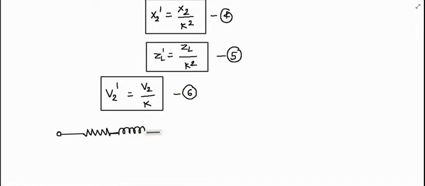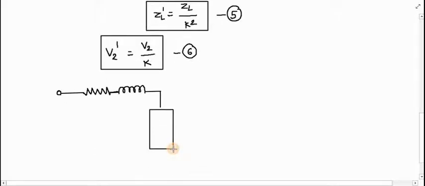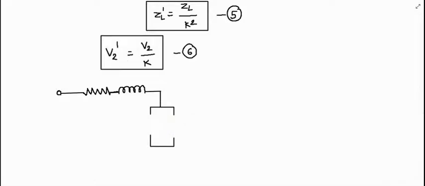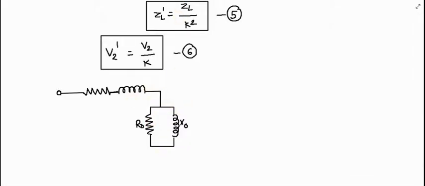Then after this there is a shunt circuit which consists of your R0 and X0 that we have to draw. So here is your R0 of the shunt circuit and this is your X0 of the shunt circuit, right? Then like this your primary circuit will get closed.